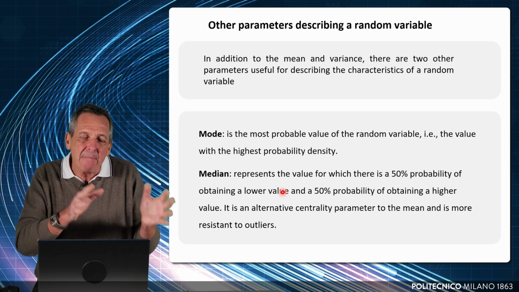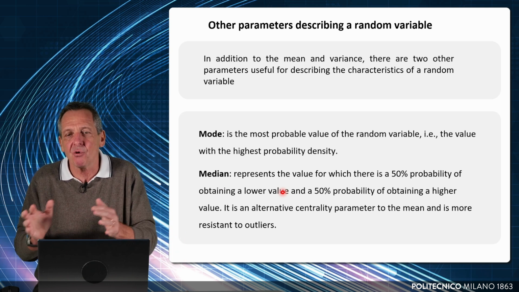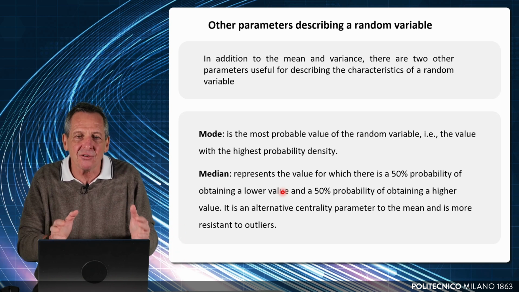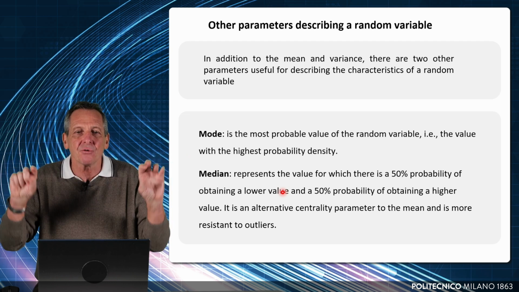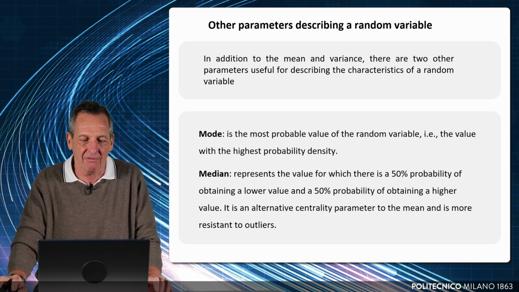Well, the median value is much more robust than the mean value in order to identify the central value of your random variable.